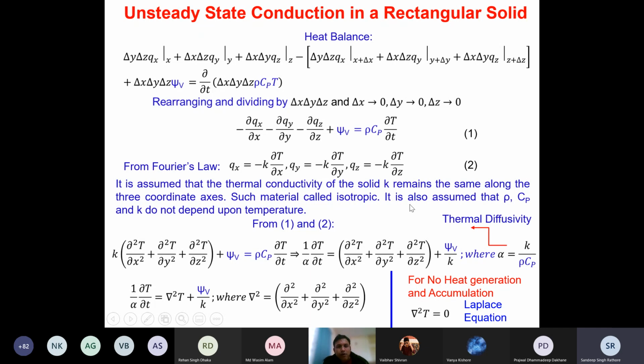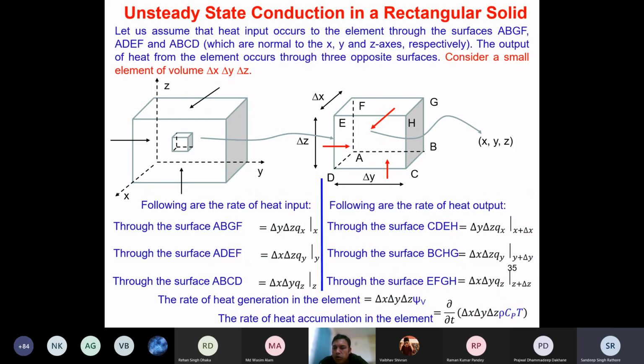Sir, can you please explain how we got this del T by del small t term, the time term? Okay, what is accumulation in equation 1? What is accumulation? Okay, sir, got it. See, this is the accumulation term: dou by dou t of del X, del Y, del Z, rho Cp T. Del X, del Y, del Z is nothing but the volume.